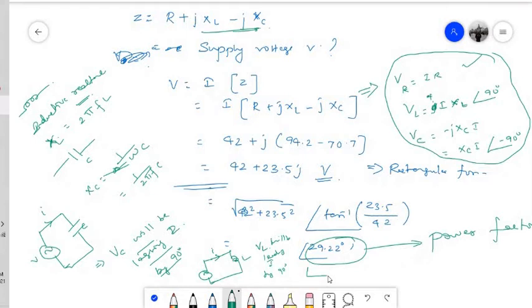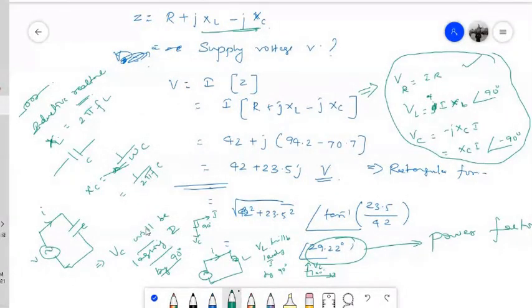This will be 90 degree. Fine. And even in this case, if you draw the phasor diagram, this will be VC and this will be I. So this will be 90 degree. So VC is lagging I by 90 degree.